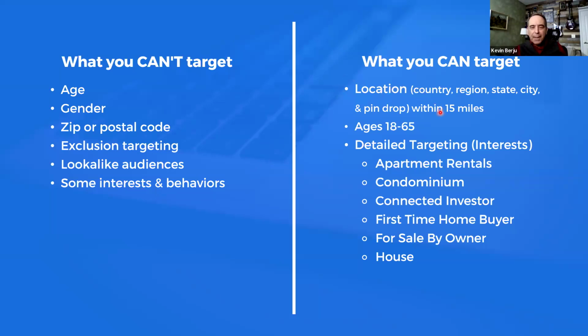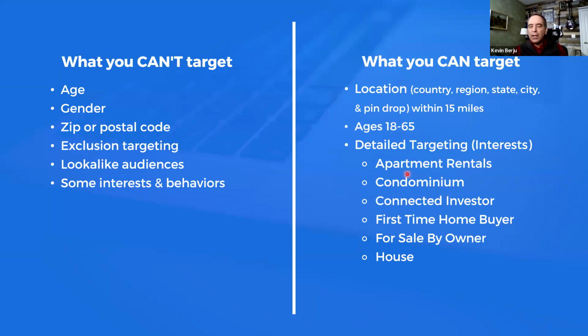What you can target is location in county, region, state, city. You can just do a pin drop within 10, 15 miles, all the way up to 50 miles, which is helpful. Your age category is now 18 to 65. What happens if you're over 65? You can do detailed targeting.